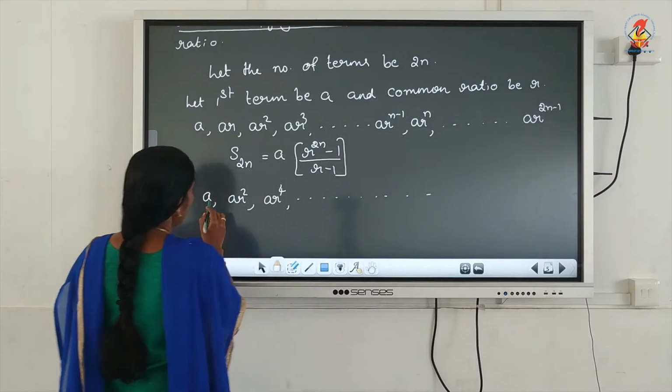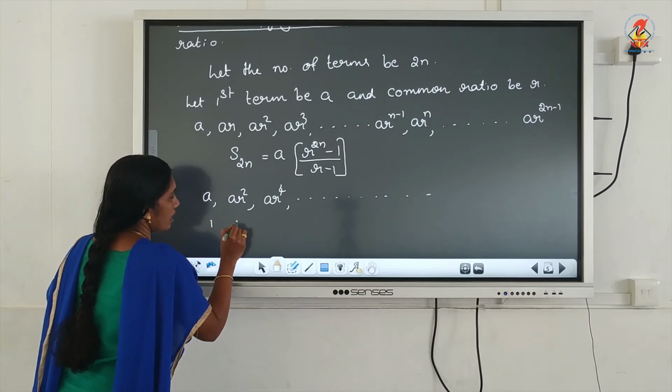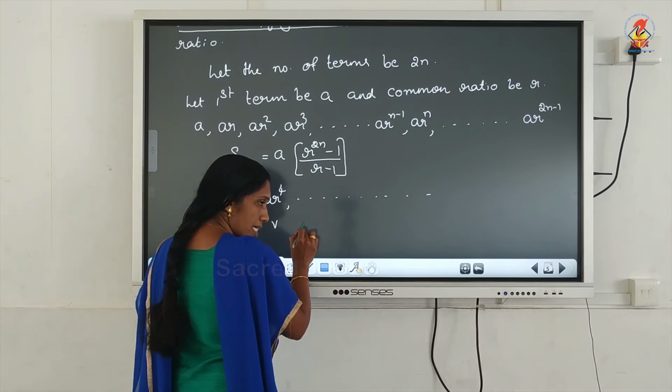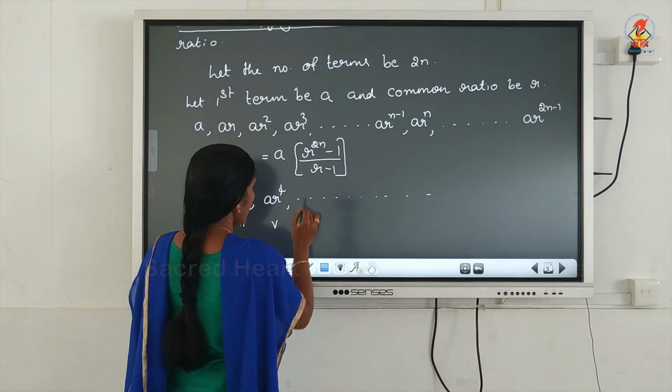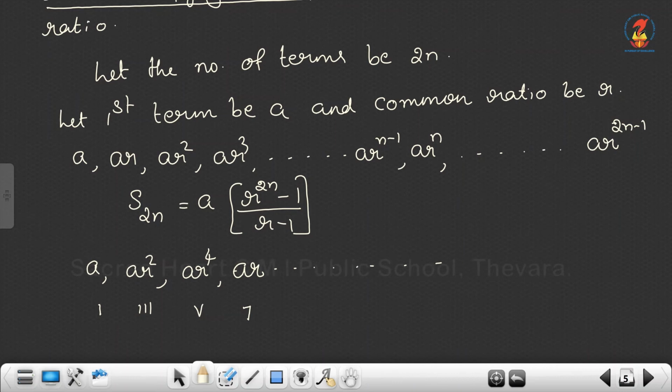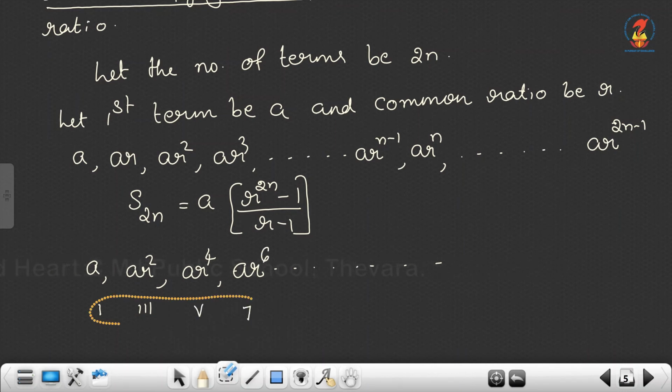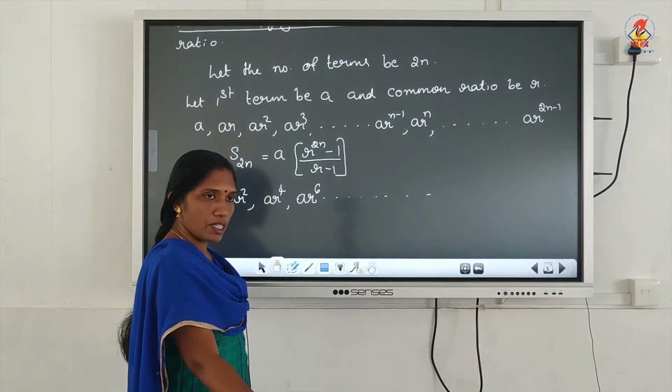That is the term in the first place, third place. Now this is the fifth place, then the seventh place. How do we write the seventh place? The term in the seventh place is ar raised to 6. Okay. So is it a GP? a into r square gives ar square. ar square into r square gives ar raised to 4, into r square gives ar raised to 6.